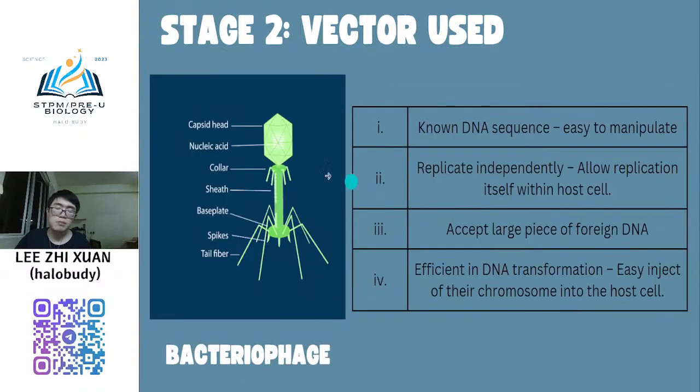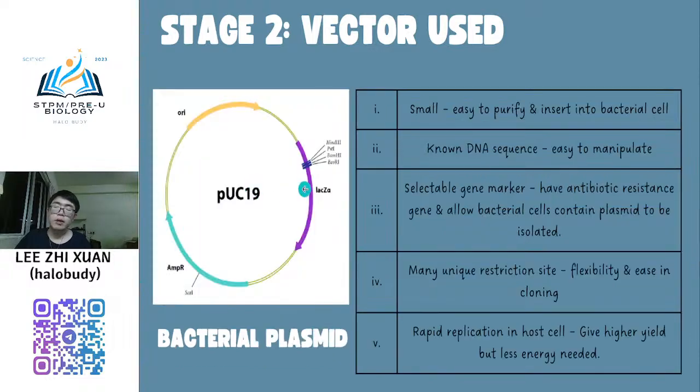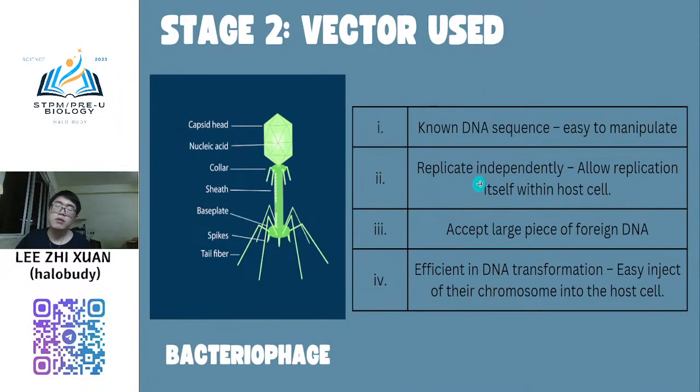Normally a plasmid replicates based on the host cell, meaning one host cell only has one plasmid. But in this one, it replicates independently, meaning that in one host cell, not necessarily only one bacteriophage, it can produce many bacteriophage in host cells, like E. coli.